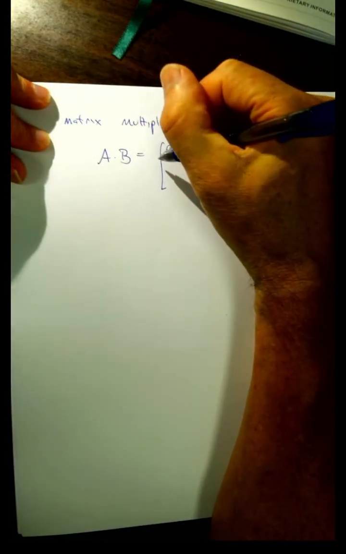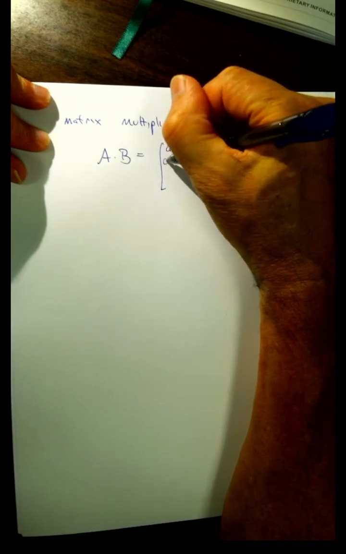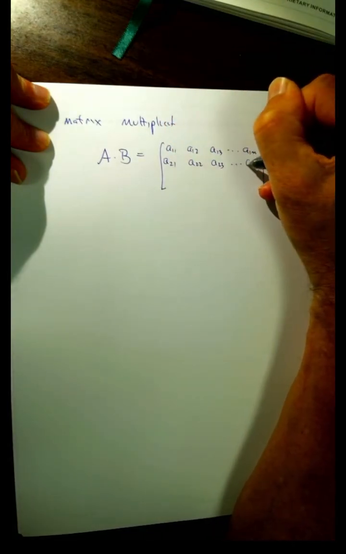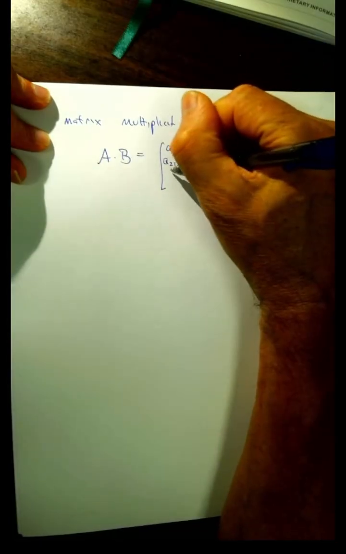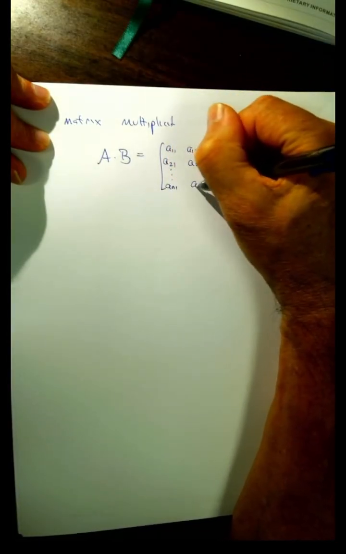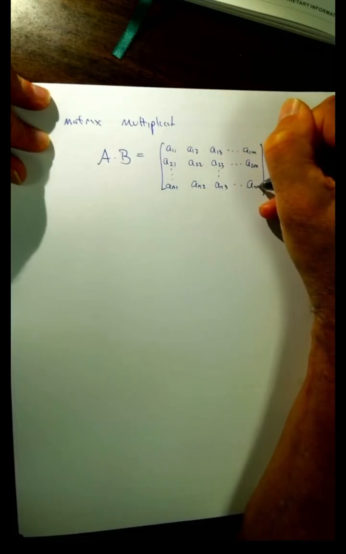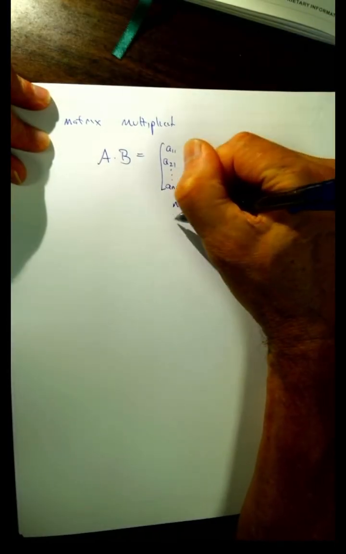Suppose it has m columns and n rows. And so it's going to have n1, n2, n3. So this is an n by m matrix.